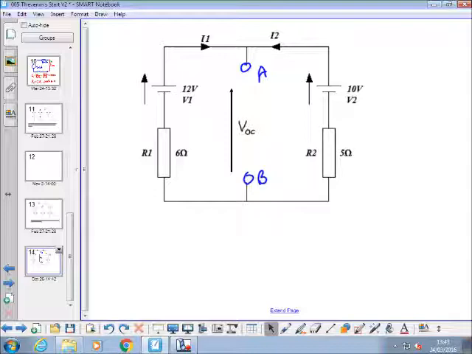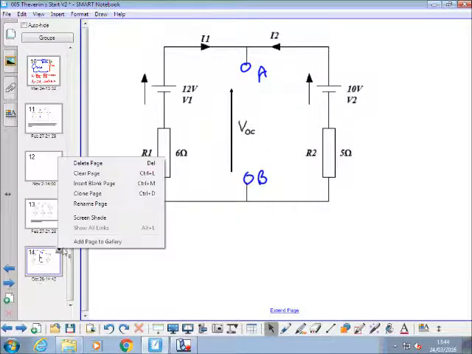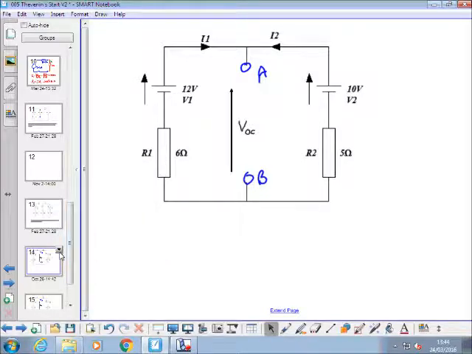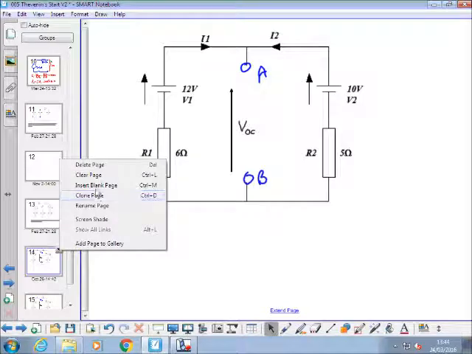Yeah, so I'm just going to make a copy of that page. In fact, I'll do it twice.